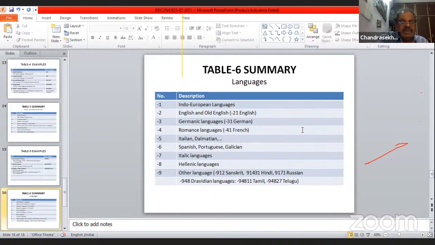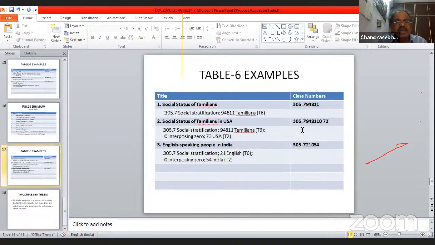So remember this Telugu language number from table 6. Table 6 is also added as per instruction only.